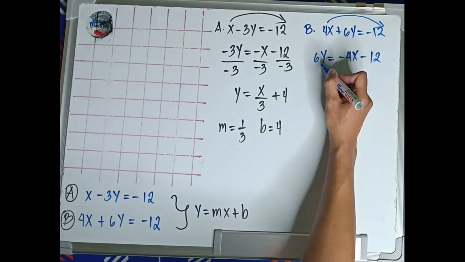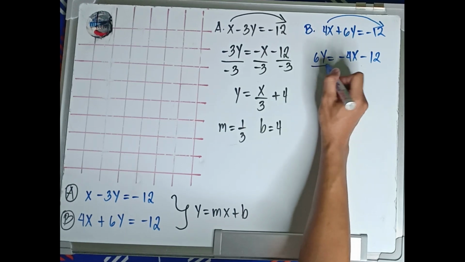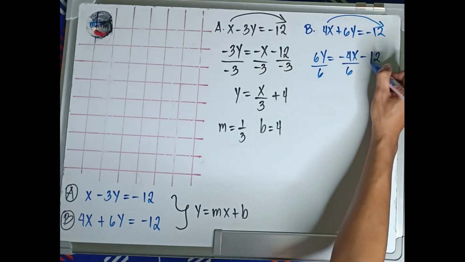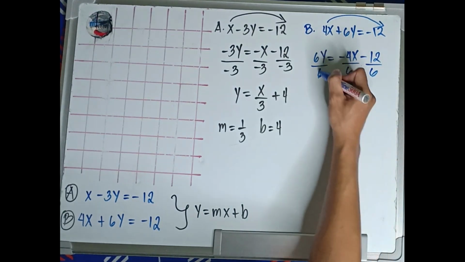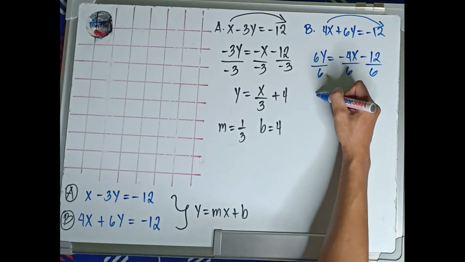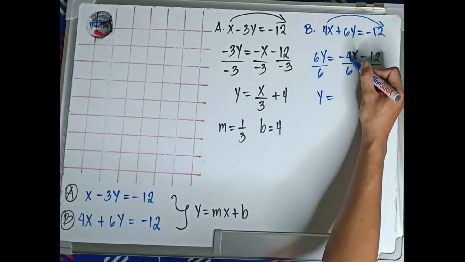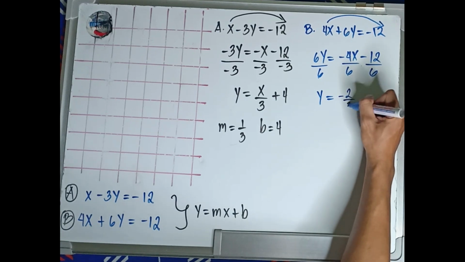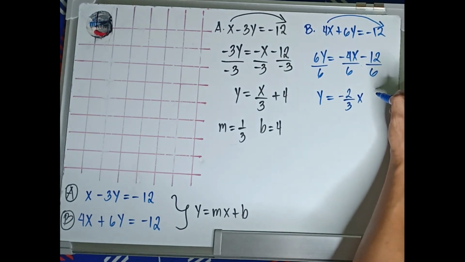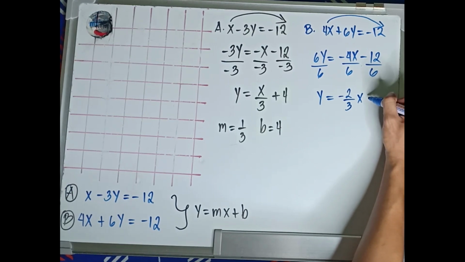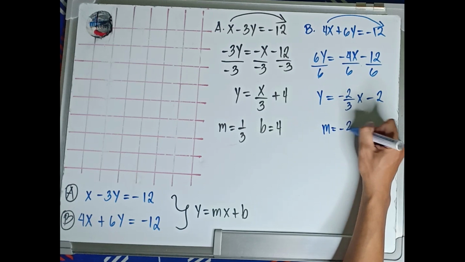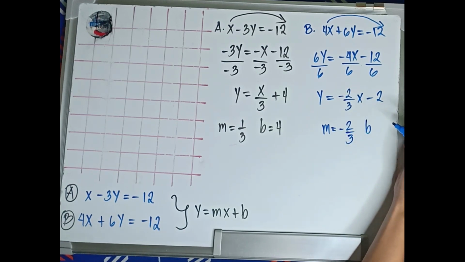Again, we have a numerical coefficient of 6, so we have to make it equal to 1 by dividing all sides by 6. So 6 over 6 is 1, so simply write y. Negative 4 over 6 is equal to negative 2 over 3x, and negative 12 over 6 is equal to negative 2. So our slope is negative 2 over 3 and our y-intercept is negative 2.